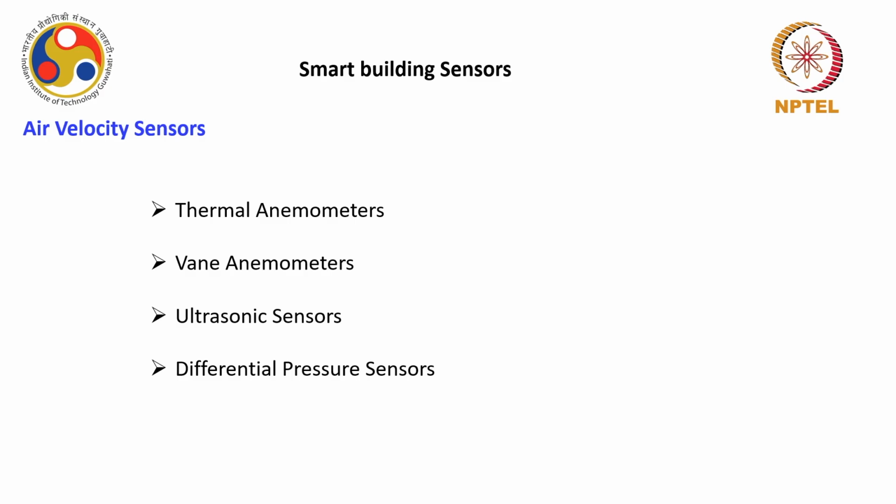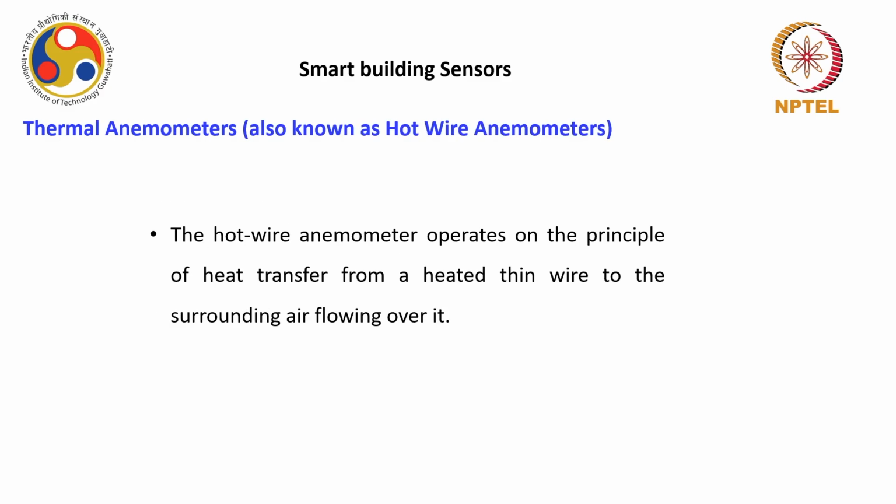So, there are 4 different kinds of air velocity sensors. The first is the thermal anemometer, the second is the vane anemometer, the third is ultrasonic sensor based anemometers, and then you have differential pressure sensor based anemometers. We will see what they are and what the principle of operation of these sensors is.